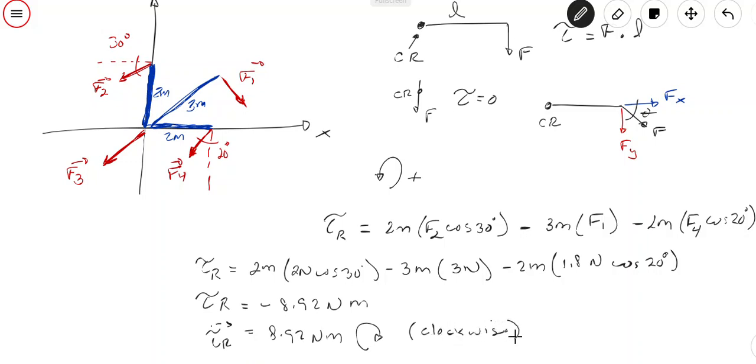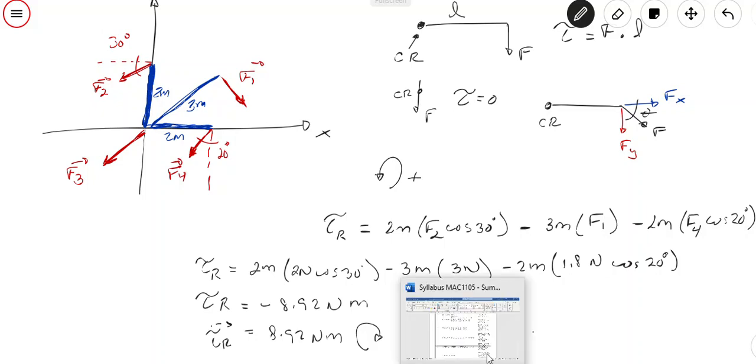So I found the resultant torque with respect to the origin, or with respect to the z-axis that is passing through the origin and is out of the page. So this is how we solve this problem.